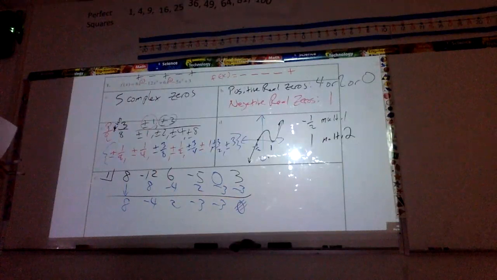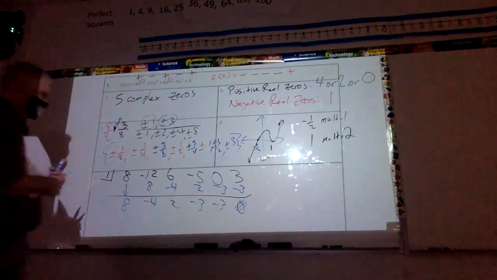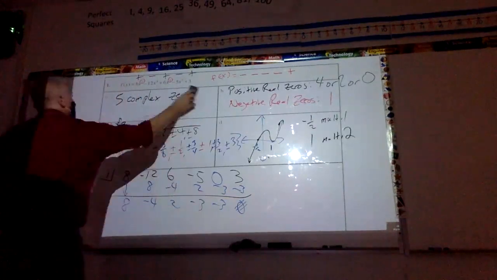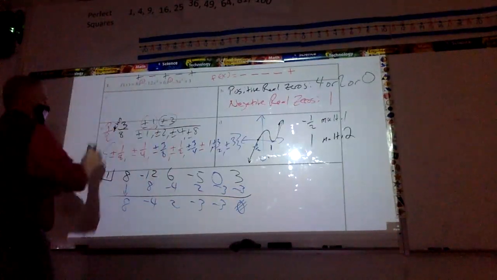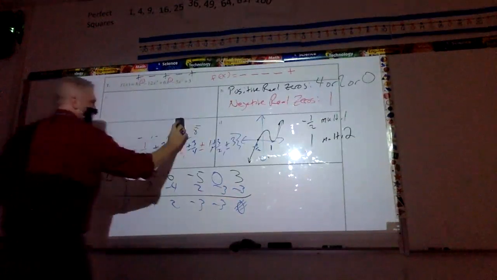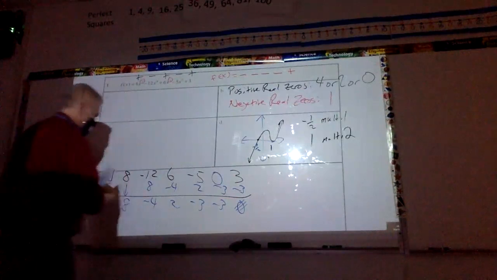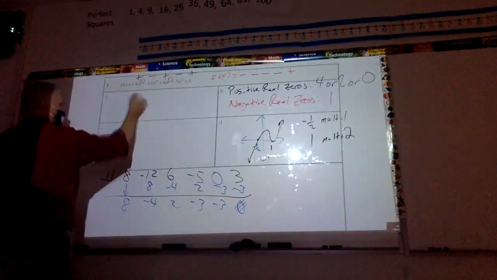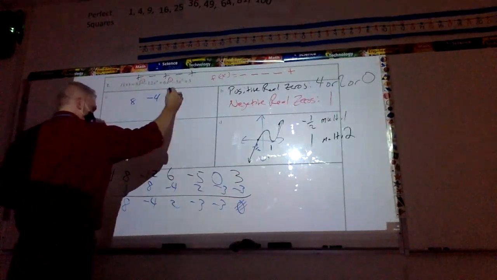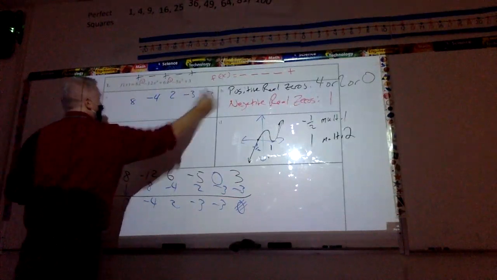Remainder is 0, which you knew it was going to be. Okay? It's nice. All right, give me a little bit of space to go up here and write. So I've got the 8, negative 4, 2, negative 3, negative 3.